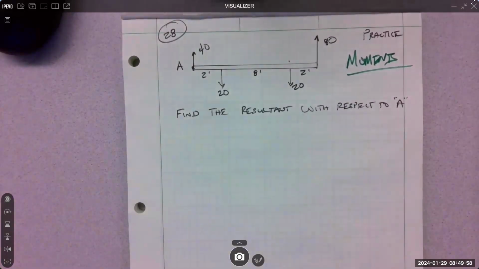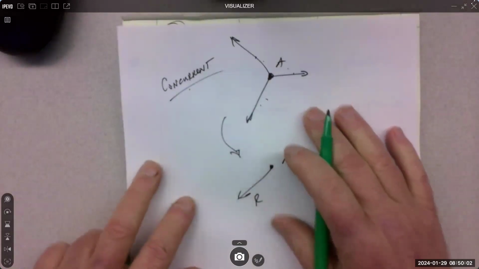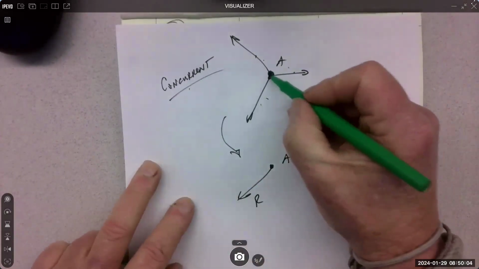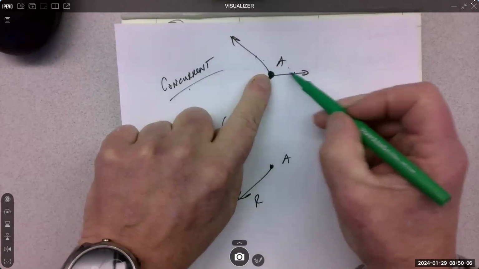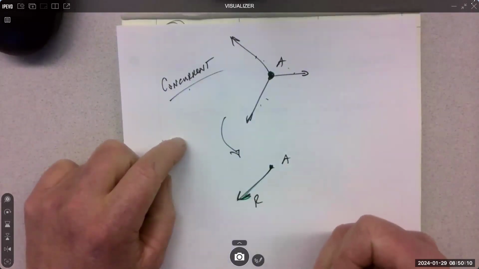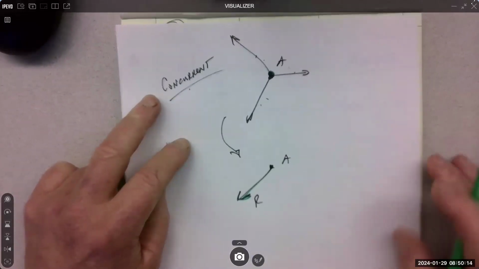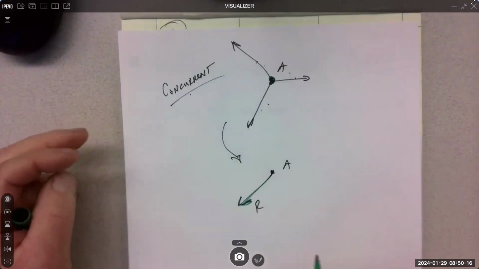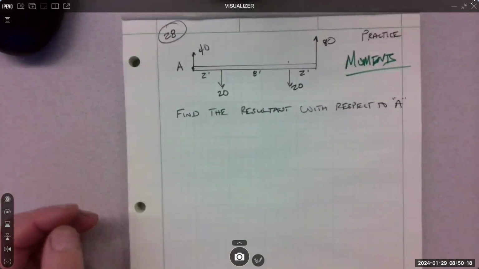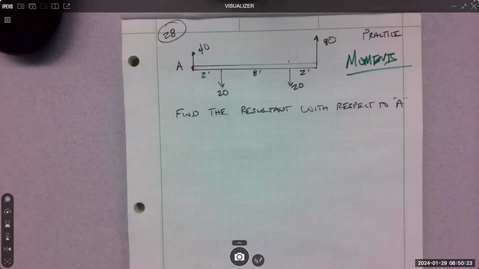When we did concurrent systems, we did not do moments, because all the forces are at one spot, and we're going to collect them here and get our force here. It goes right through the point. There's no moments, no rotation, right? On the whole concurrent thing. Non-concurrent, you've got to use moments because you're moving forces from location to location.